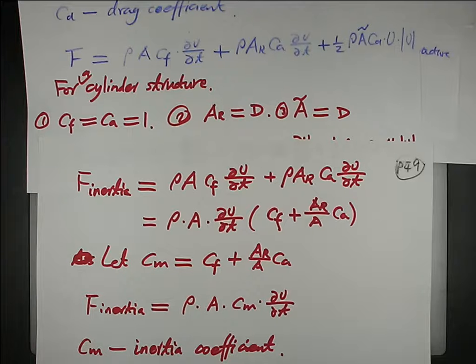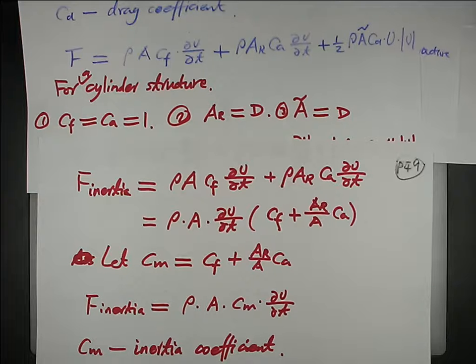We know A prime, we know AR, no problem. But we don't know the values of CF, CA, and CD.